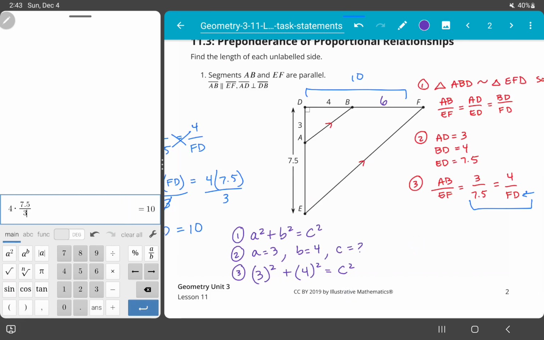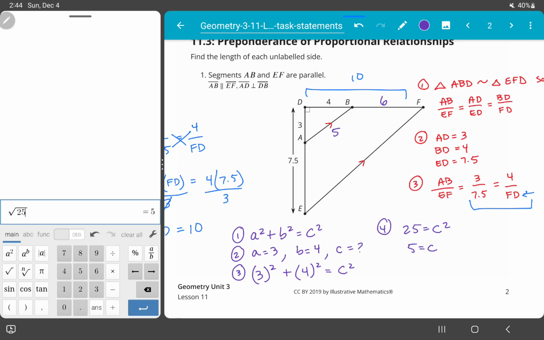So now we can use the calculator if we wanted to for this. So we're going to have 3 squared plus 4 squared. That's going to give us 25. So 25 equals c squared. And now we would need to take the square root of that. So square root of 25, that gets us 5. So 5 equals c.